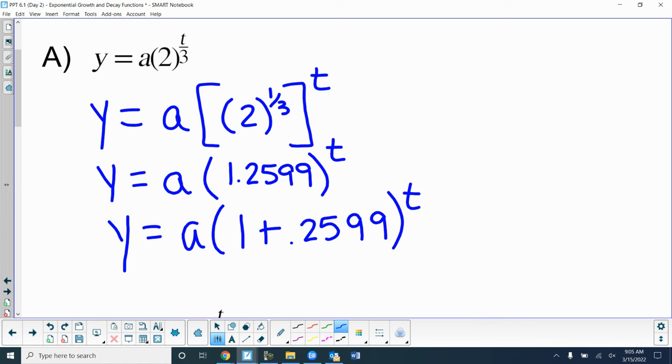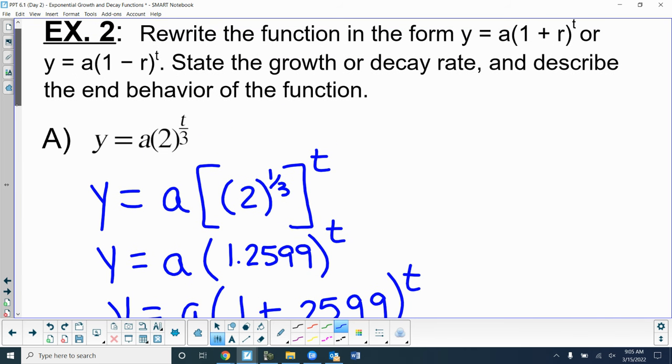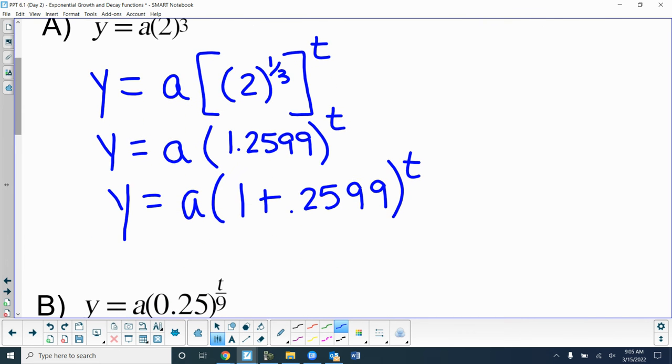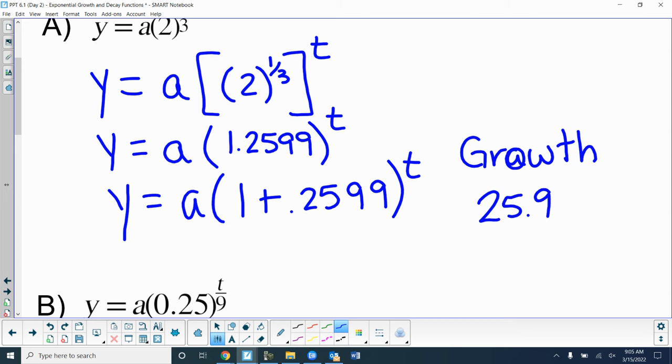All right, so my answer, this okay? All right, so it says state the growth or decay rate. So what's the growth rate? Not graph, but growth, right? It's 25.99, or we could say 26%, right?